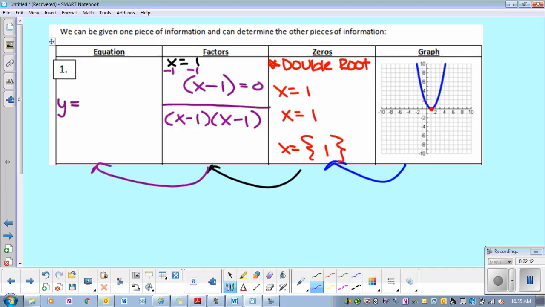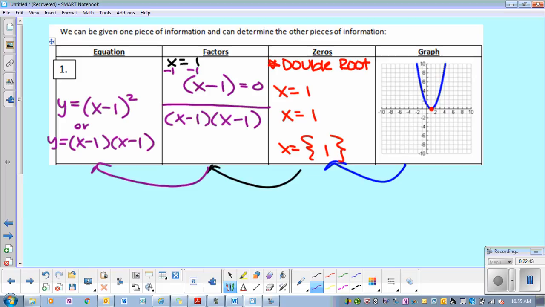Y equals x minus 1 squared, or you can write it as y equals x minus 1 times x minus 1. The only thing I would look out for is, does your graph flip down? Because if your graph flips down, in your equation you have to put a negative in the front.